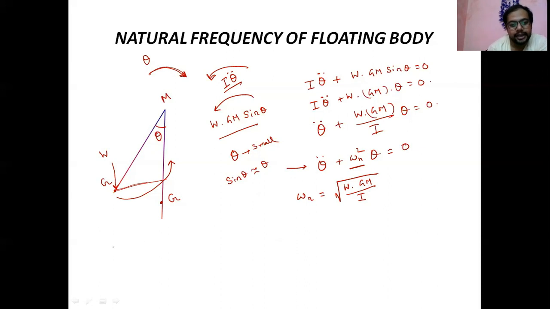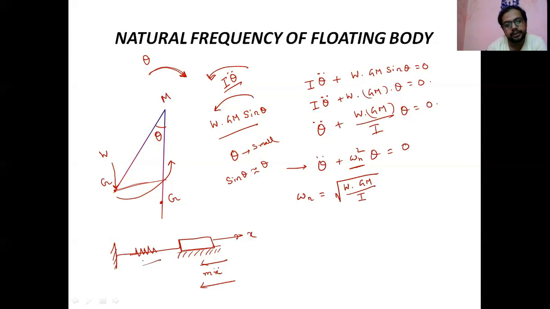So it's just like a spring mass system. If you think about the spring mass system, one mass is there, here one spring. If you give a displacement to this side, in the opposite direction inertia force is acting, m x double dot, and because of the spring another force is acting here, stiffness times x.